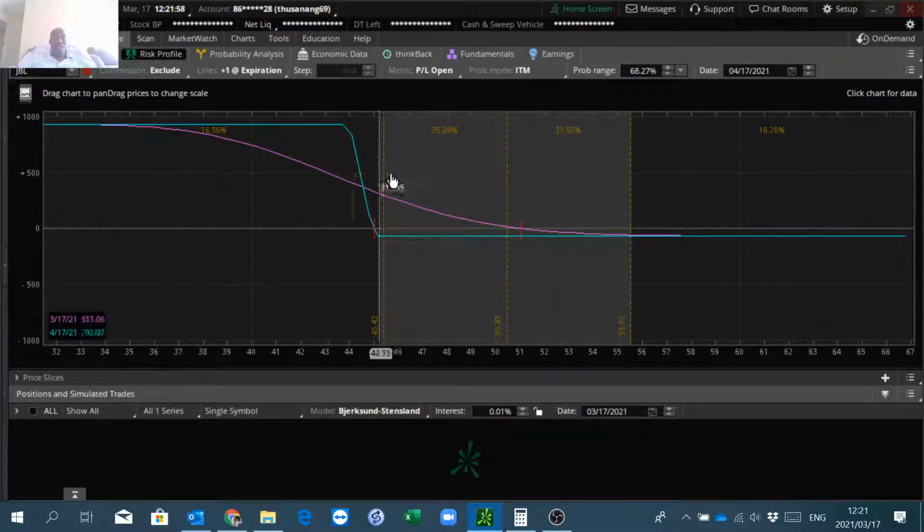Even if I put on 3 of these and 2 of them don't come right, let's say I lose 200 on the 2 that do not come right, and I make 900 on the one that does, 900 minus 200 is 700, and that will be a great return.